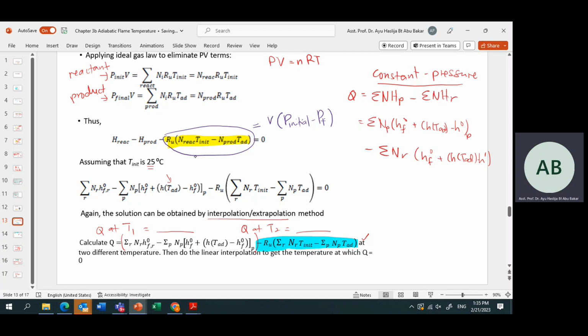Okay, so once you get this part, you know the P initial, then you can get the P final. So this part is equivalent to this. So from here, you can get the P final.